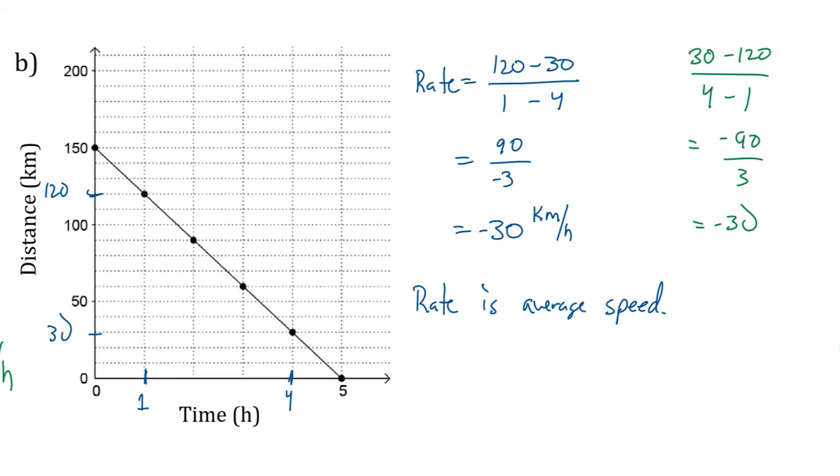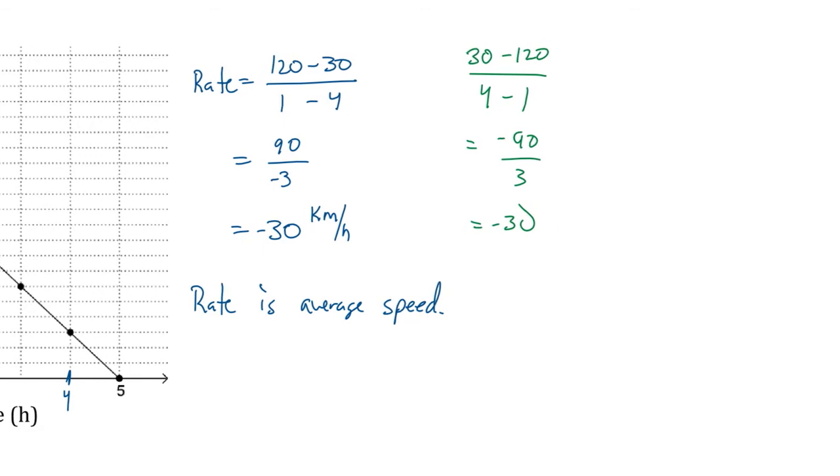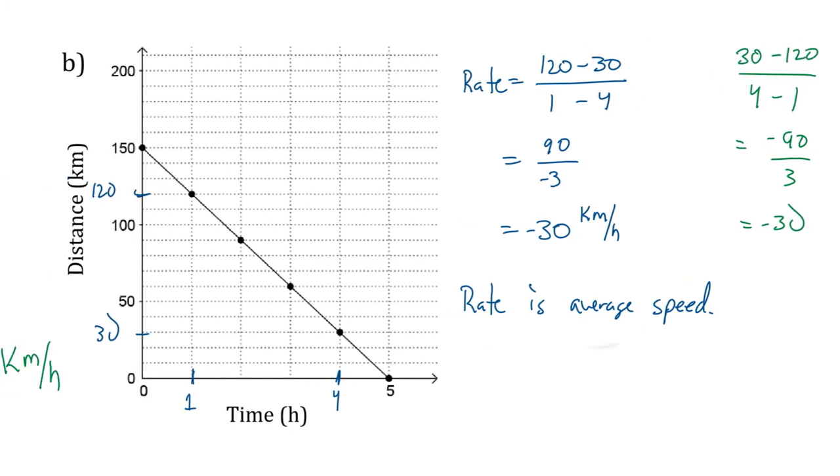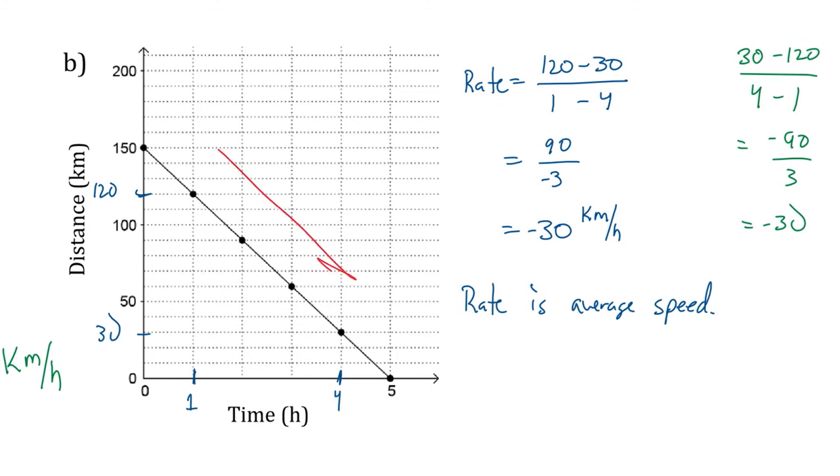But what you wouldn't be able to do in a case like this is 120 minus 30 over 4 minus 1, because that would give you positive 30, and that is incorrect. And we can see that this has a negative slope and it's going down. So there's a lot of things that go into that, and a lot of different ways that I can hopefully understand the same thing, okay?